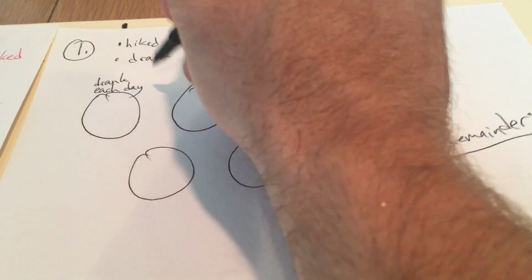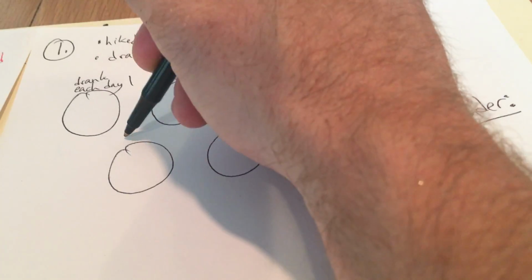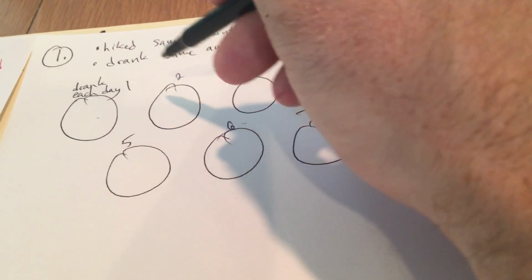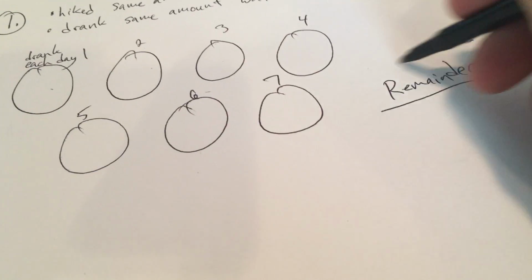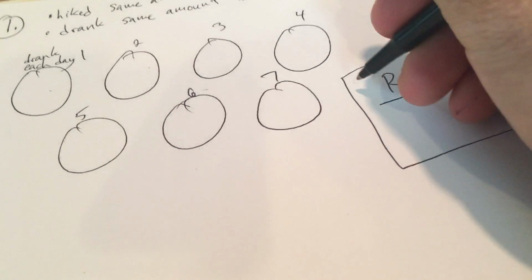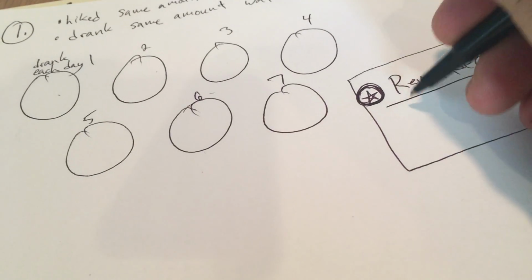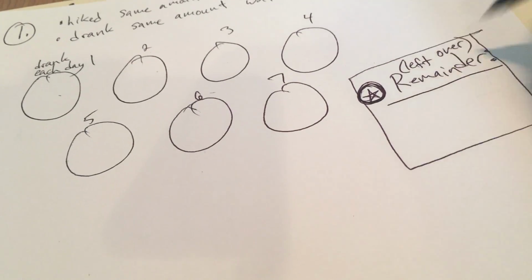So each group, day 1, 2, 3, 4, 5, 6, and day 7. So this is going to be equal amounts, how many he drank each day. But the question says how many did he have left over? That will be the remainder after those 7 days. So how much is left over is what we're looking for.